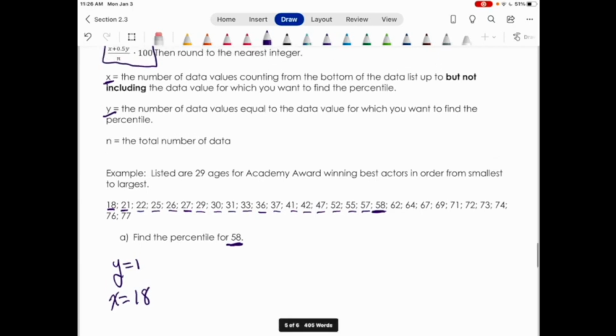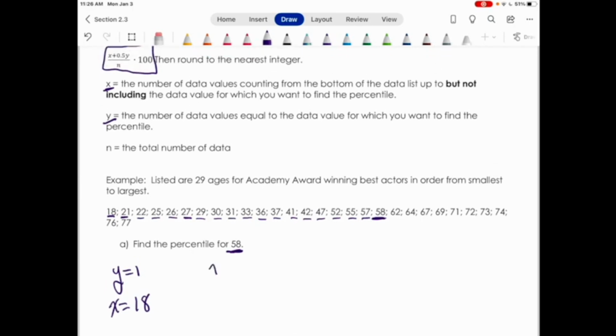So now when I plug this into our formula, remember our formula is up here, we have x plus 0.5y over n, then we multiply it by 100 and round to the nearest percentage. Okay, so in this case we have 18 plus 0.5 times 1, which is 0.5, over, we're told that there are 29 data values, so n is 29.